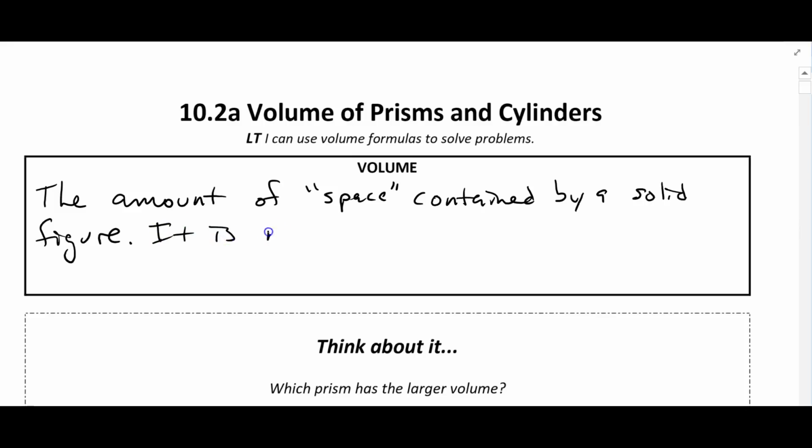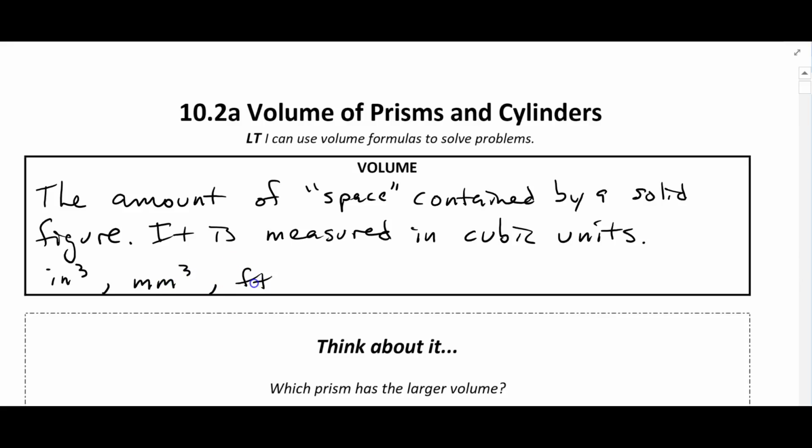It is measured in cubic units. So we might use inches cubed, or millimeters cubed, or feet cubed. Okay, so now we're talking about 3 dimensions, where when we were talking about area, we were looking at 2 dimensions. All right, so keep that in mind. It's always important to include your units.